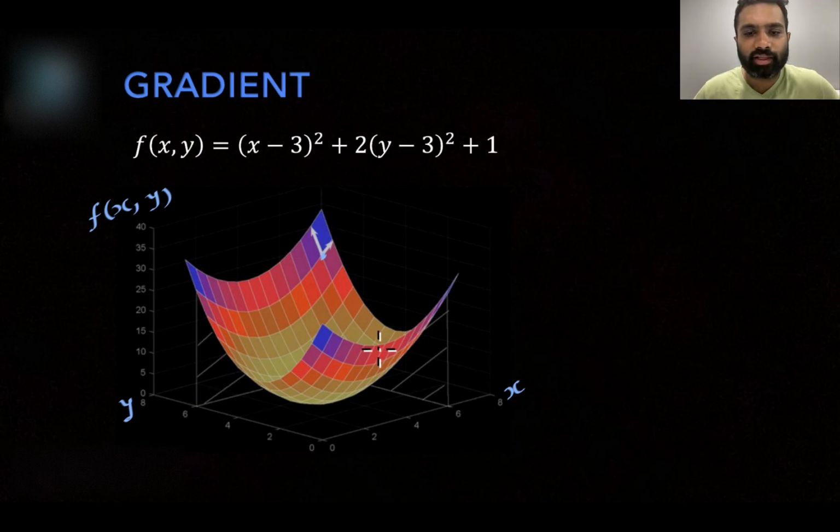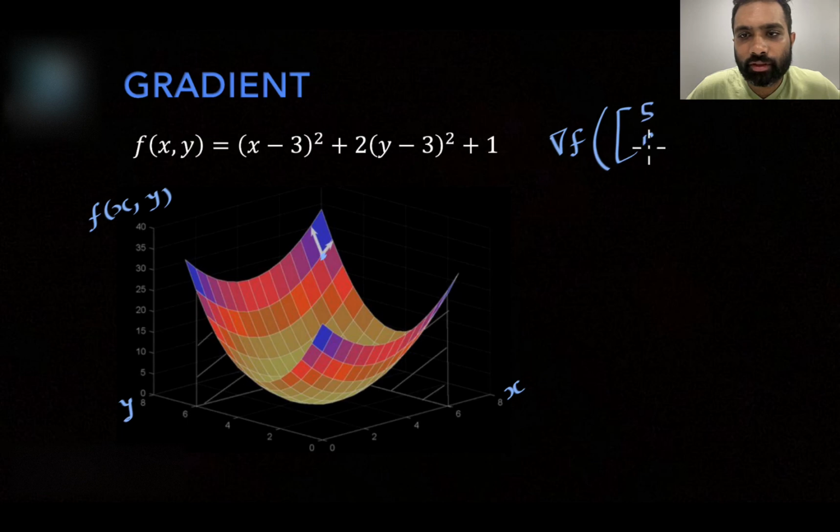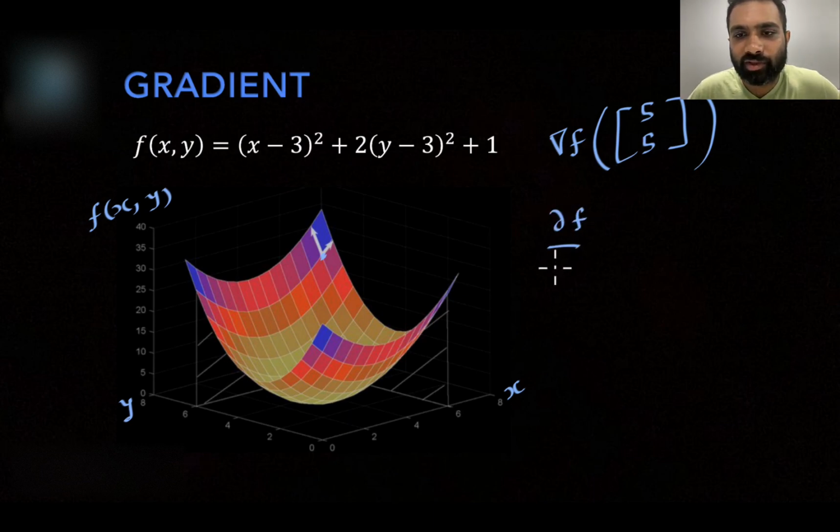Now let's evaluate the gradient at this point, which is 5, 5. Both coordinates are 5. Now let's try to evaluate the gradient from the formula. So del f by del x, what will it come to?